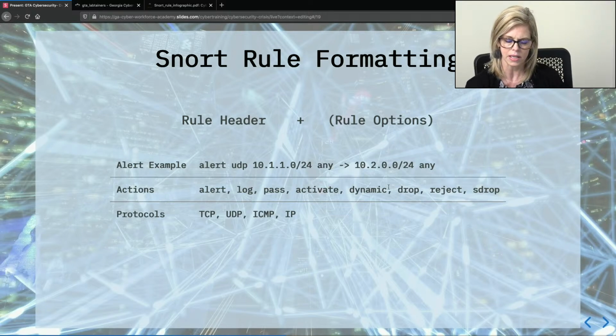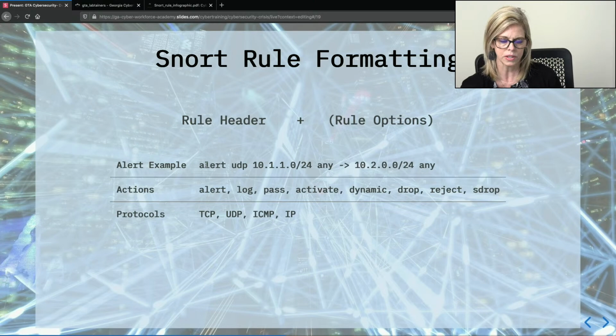So traffic specifically sourced from the 10.1.1.0/24, destined to 10.2.0.0/24. So what do we want to do? If that traffic is the UDP protocol, we want it to generate an alert.